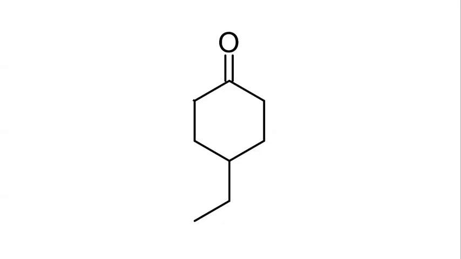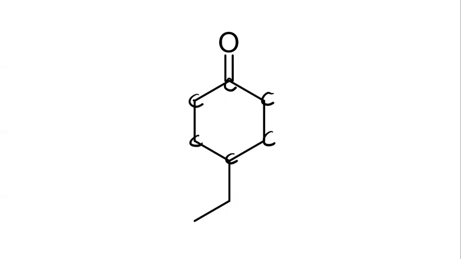Ketones can be cyclic. And as we can observe in the following example, in a cyclic ketone, we must determine how many carbon atoms are in the cyclic system. In this cyclic system, we have 1 carbon, 2, 3, 4, 5, 6.